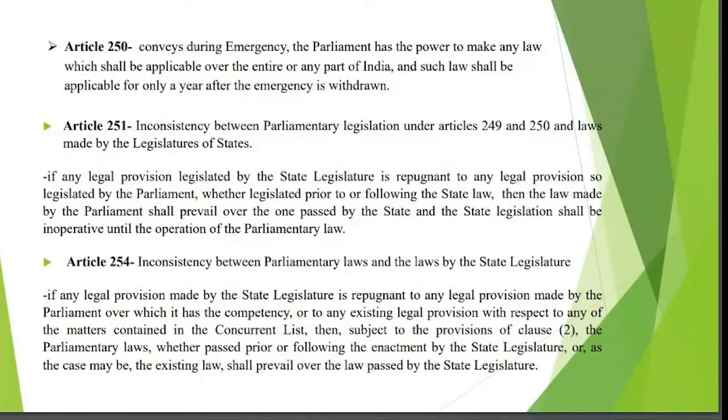Article 251 deals with the inconsistency between parliamentary legislation under Article 249 and 250 and laws made by the legislatures of the state. If any legal provision legislated by the state legislature is repugnant to any legal provision so legislated by the parliament, then the law made by the parliament shall prevail over the one passed by the state, and the state legislation shall be inoperative until the operation of the parliamentary law.